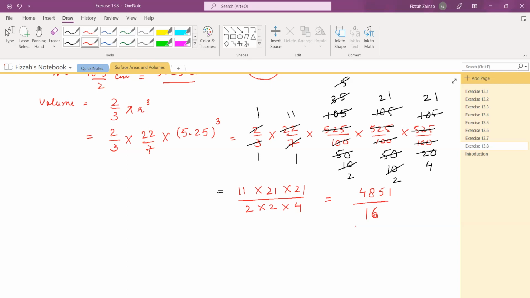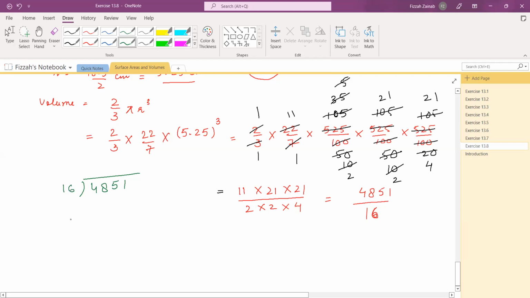Yeah, it's not a tough division. Okay, let us do it like this, simple division method. So 4851. Now 16 into 3 is 48 straight away, right? 0 times it will go 5, then 1.